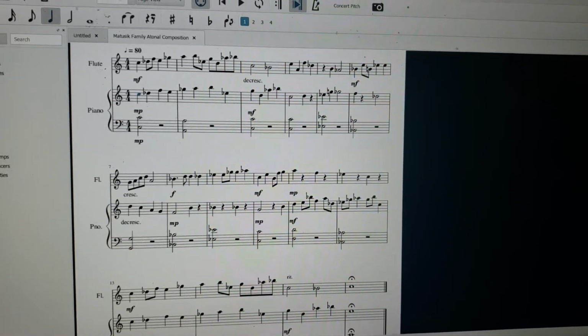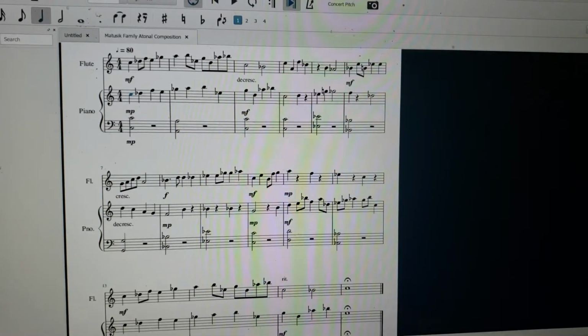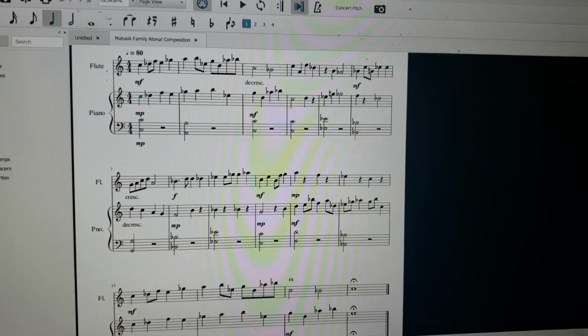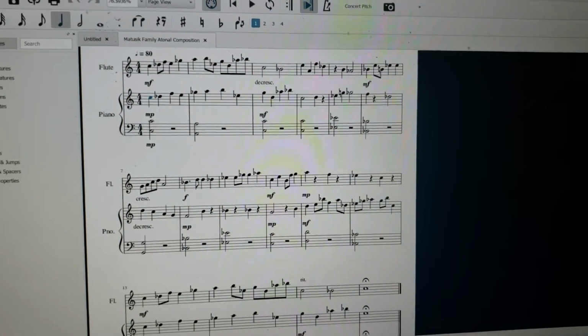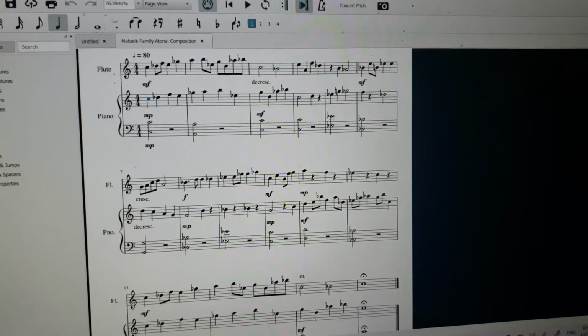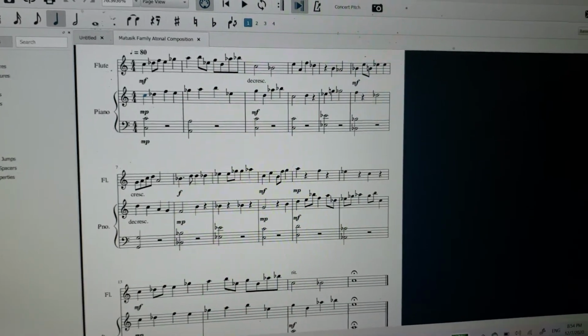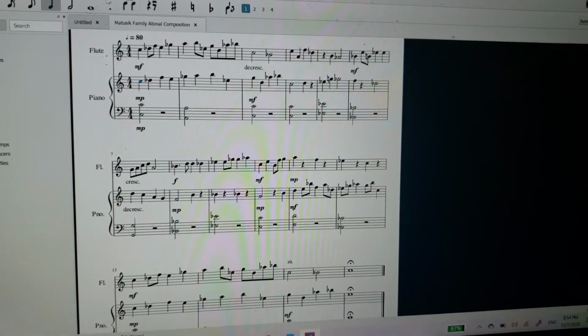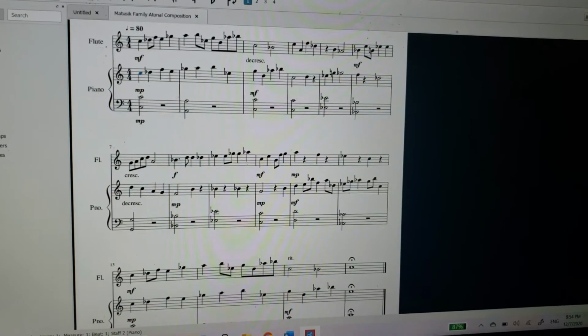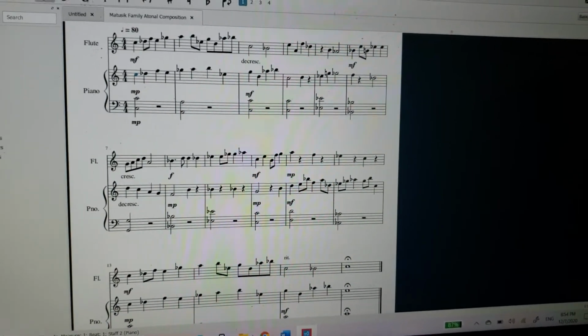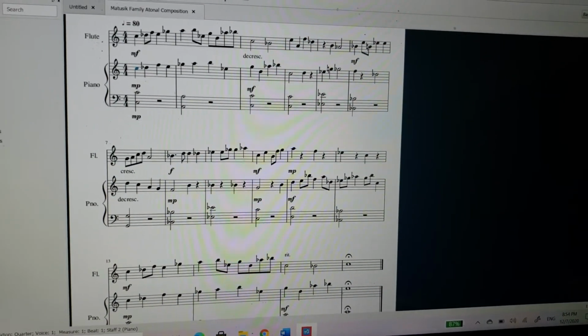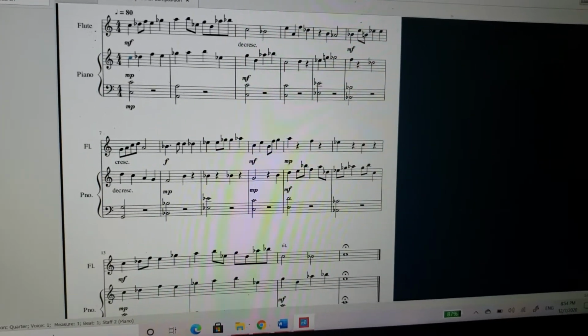Measures 11 and 12 are RI0. And then starting in measure 5 to 6 of the piano, and then going counterclockwise to measure 4 of the flute part, would be P2. So hopefully you can see all the different kinds of forms of the row that I used in this one composition piece.